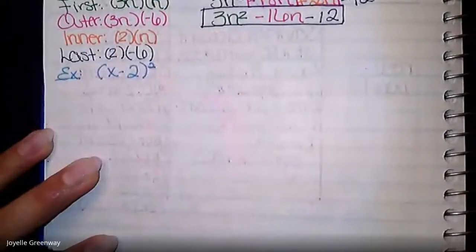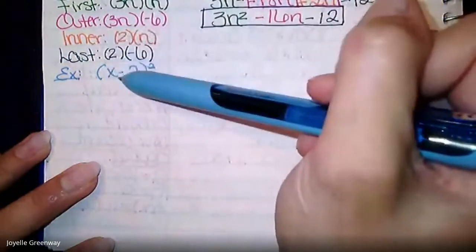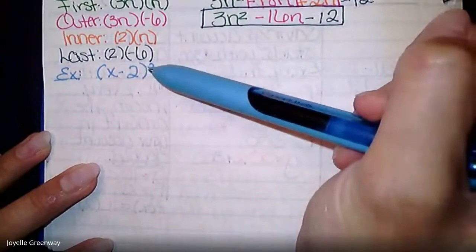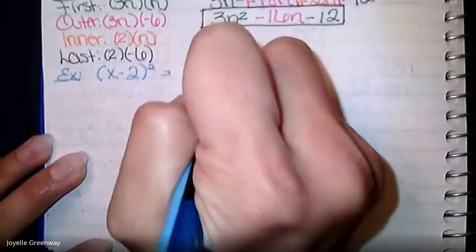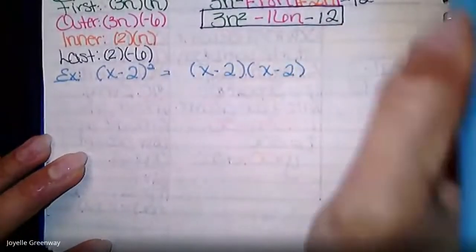Sometimes you'll see this. X minus 2 quantity squared. So that means I'm taking x minus 2 and I'm multiplying it by itself twice. So that would be x minus 2 times x minus 2.